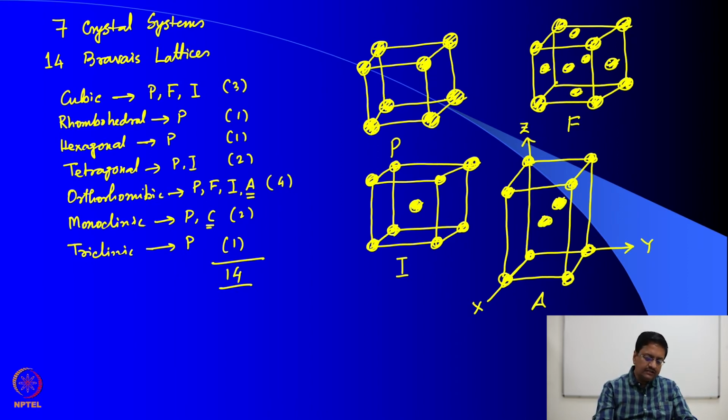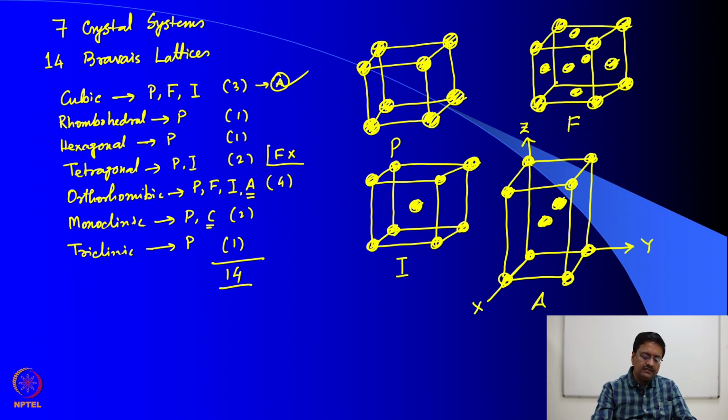So what you note here is in case of tetragonal there is no F. In case of cubic there is no A because all these faces are equivalent. So in case of a cube, if you make one face centered, then all the faces get centered.